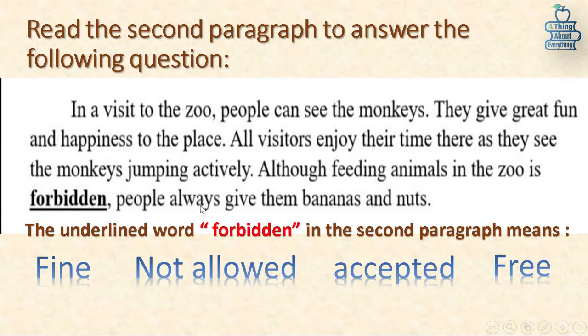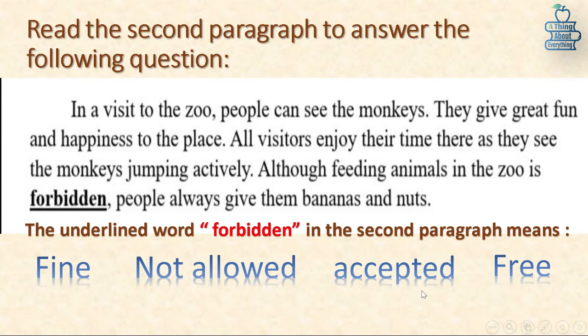Maybe they don't have to give them food, but they do give them food. So, is giving food or feeding animals in the zoo acceptable? No, of course. So the word forbidden means it is not allowed; you will be punished if you do that action.